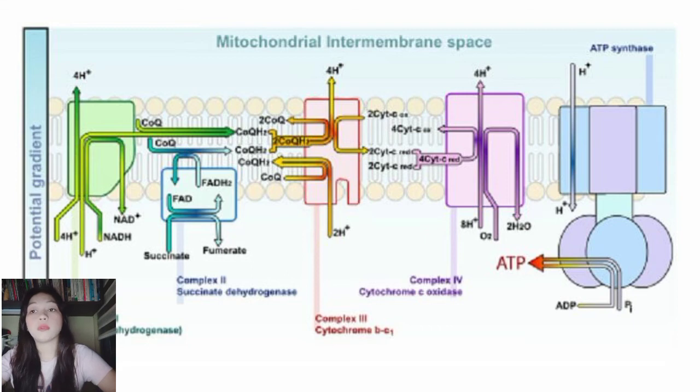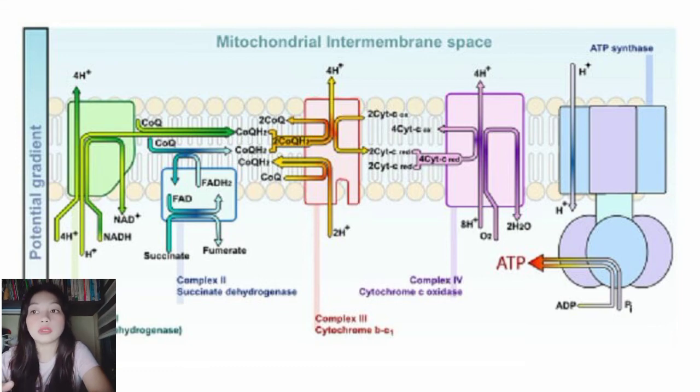ISP and cytochrome B are proteins that are located in the matrix, then transfer the electron received from ubiquinol to cytochrome C1. Cytochrome C1 then transfers it to cytochrome C, which moves the electron to the last complex.